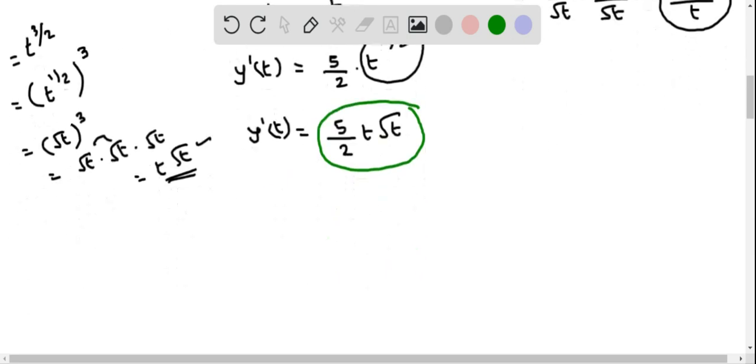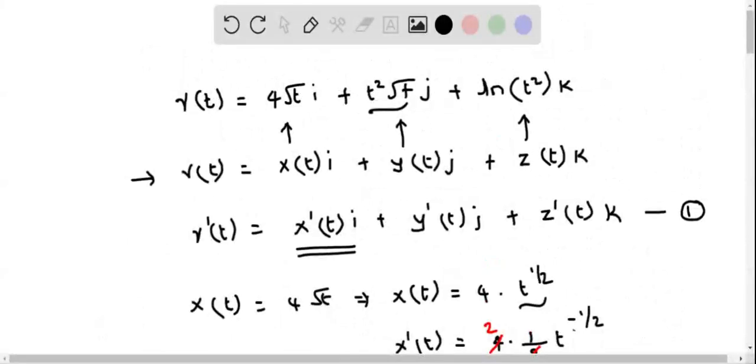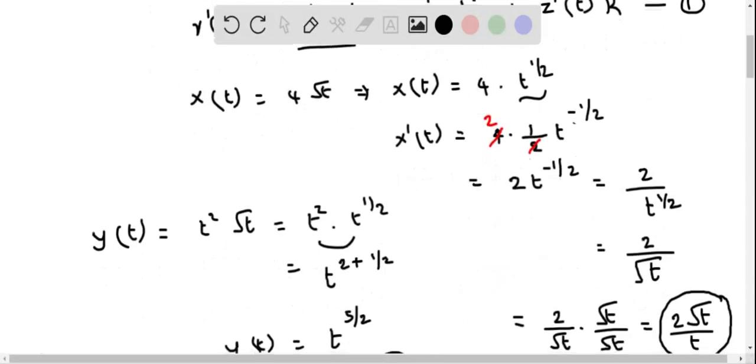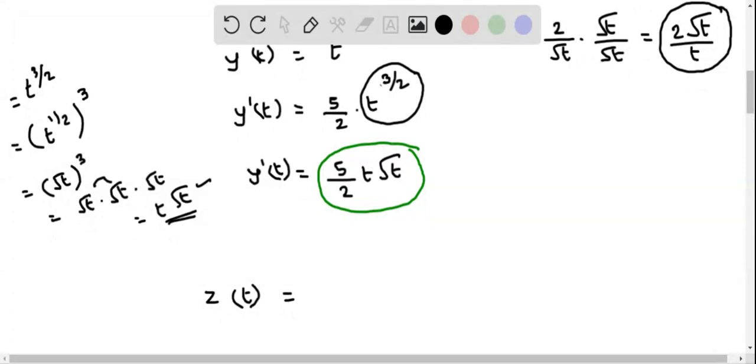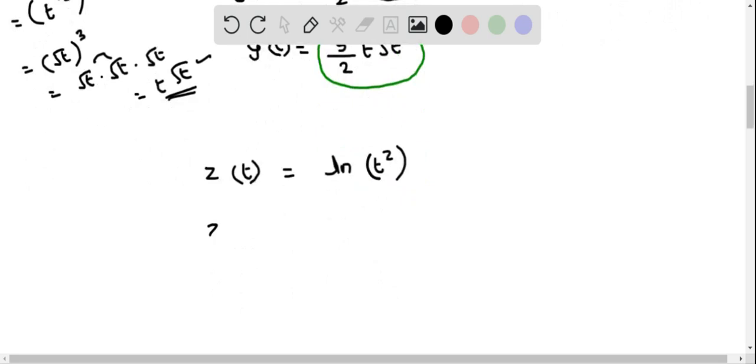Now let's find z prime of t. So let's copy the z of t, and this equals natural logarithm of t squared. Now let's find its derivative, which is z prime of t, and we use the formula to find the derivative of a natural logarithm expression.